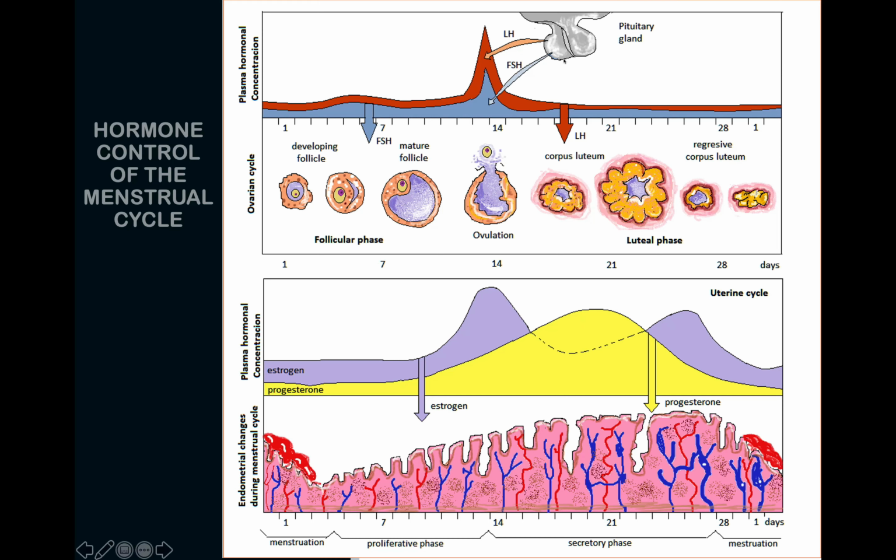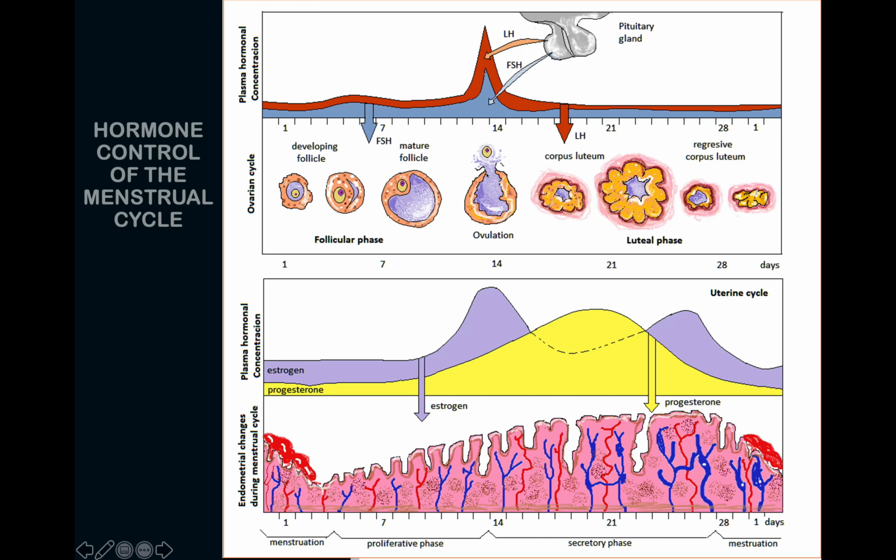And it will stimulate the pituitary to also start producing FSH, which is the follicle stimulating hormone. What's going to happen now? Just before day 14, you will find that the luteinizing hormone as well as the FSH start to peak. They start to rise, right?